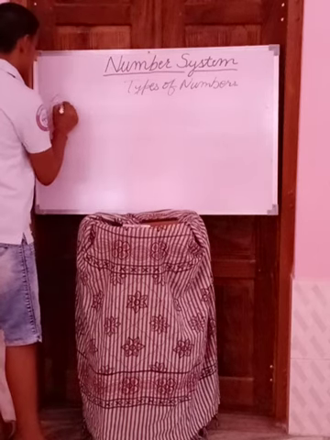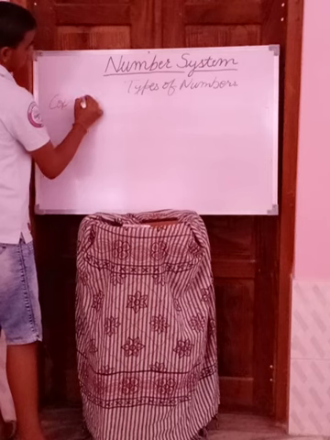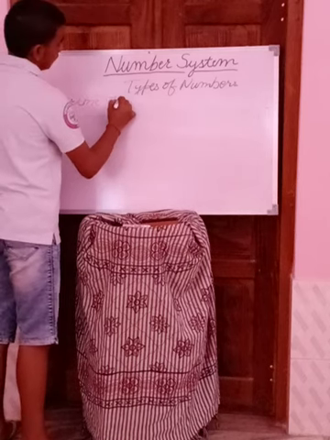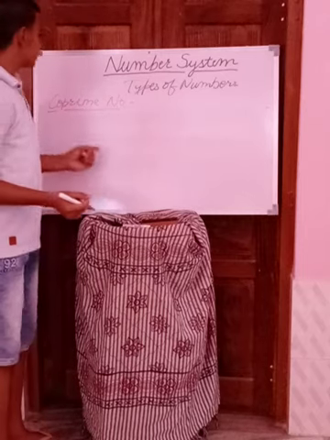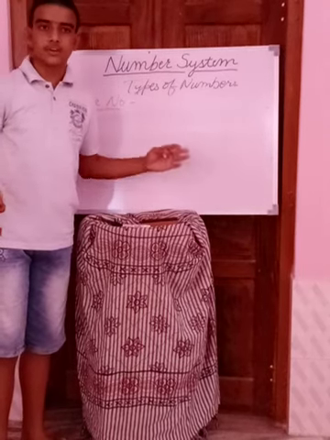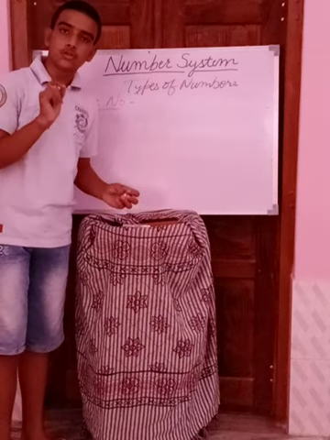Co-prime numbers. Now what are co-prime numbers? Co-prime numbers are those two natural numbers which have 1 as their common factor, which have HCF equal to 1.